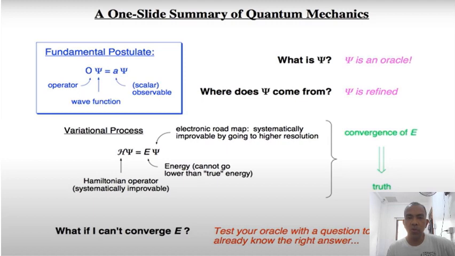So convergence of energy leads to truth. That is how we test the oracle with a question to which we already know the answer, unlike in the semi-empirical regime, for instance, where we're not actually going to try making more complex, expensive wave functions.